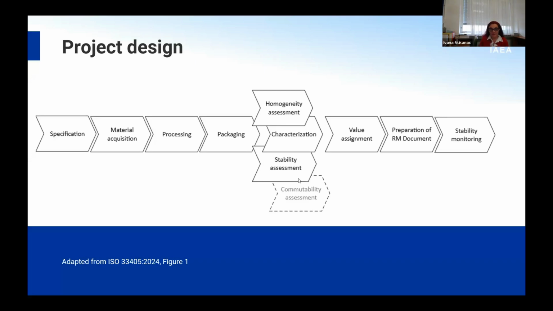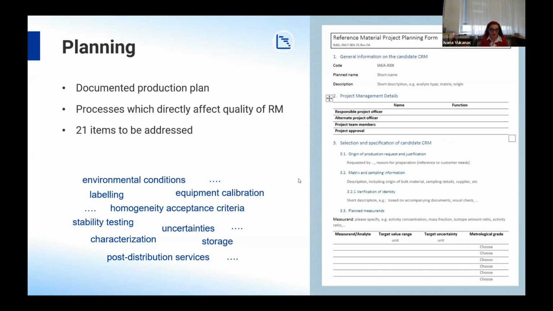So all that was mentioned needs to be documented. Like ISO says, if it is not recorded, it didn't happen. We do it in a reference material project planning form. I gave you, as an example, our reference material project planning form.